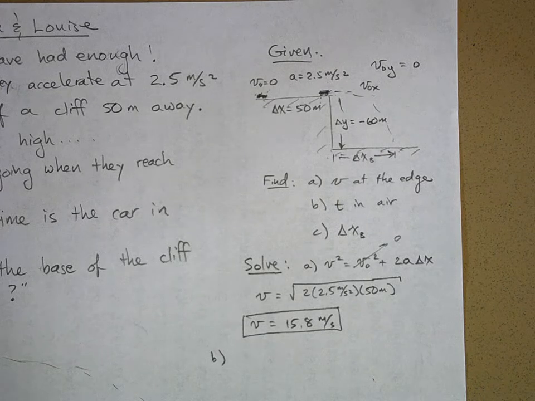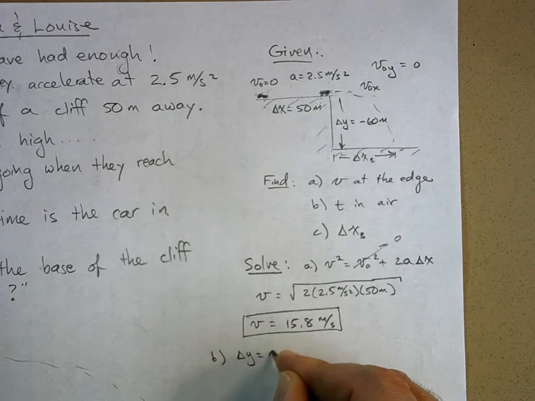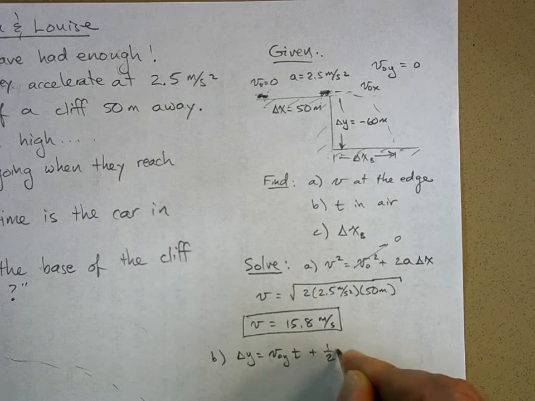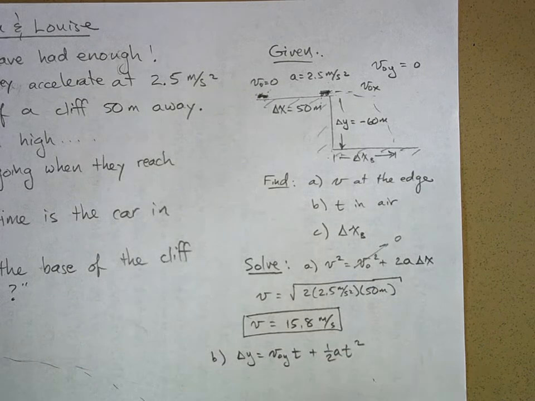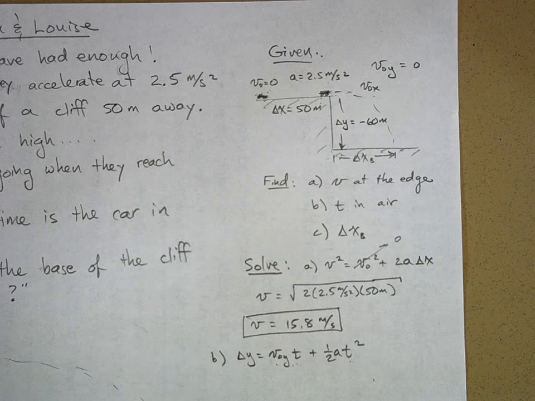So the third kinematic equation has those 4 variables in it. Some people still go, well, how did you know to pick that equation? Because it has what I'm trying to find in it, which is time, and it has the things that I'm given in it. So I can do it.